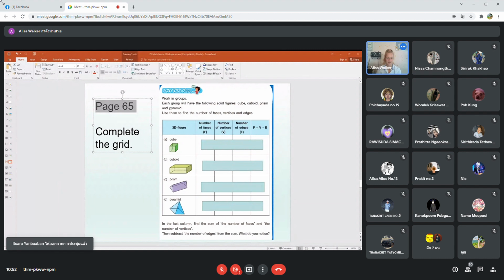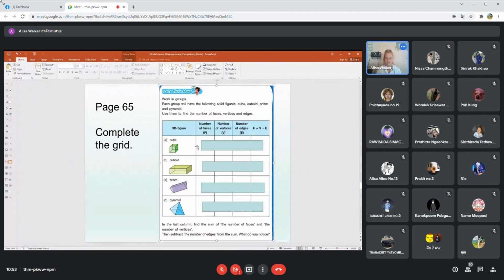Okay. What I would like you to do, please, is complete the grid. So here you have a 3D shape. We want to know how many faces does it have? How many vertices? Remember, that means corners.